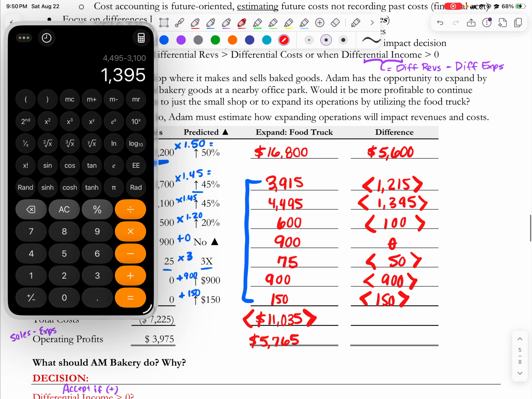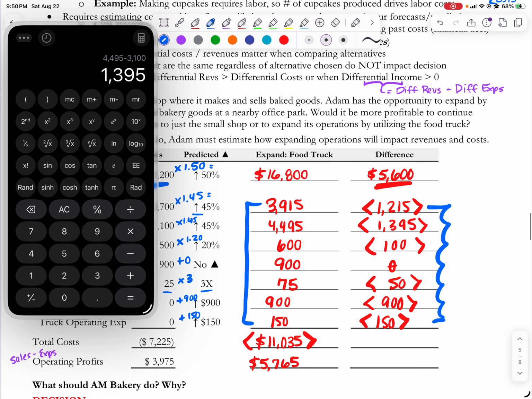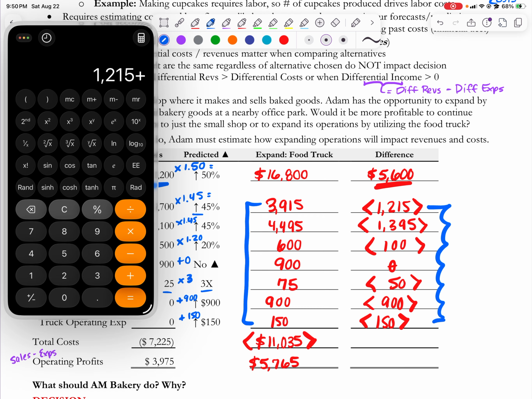So my differential revenues here are 5,600. My differential costs, here all the costs are negative, except for the one that's 0, but that doesn't really matter. We're just going to get all these together: 1,215, 1,395, 100, 50, 900, 150.